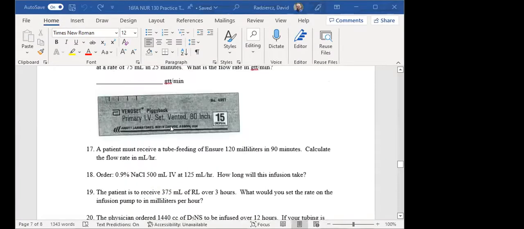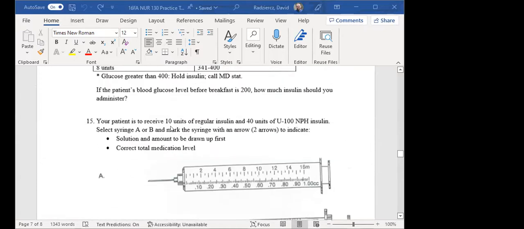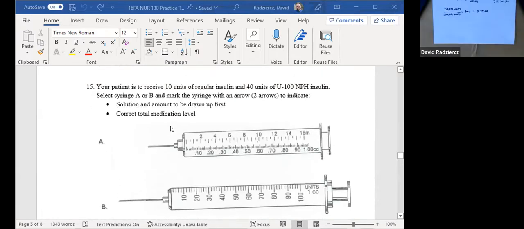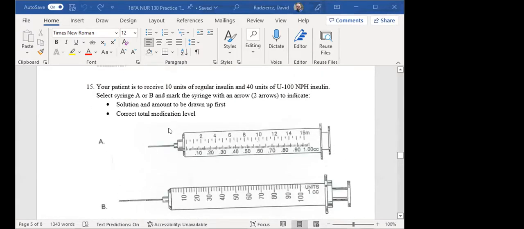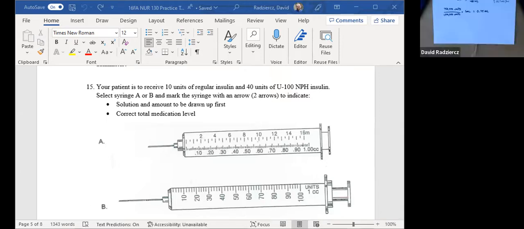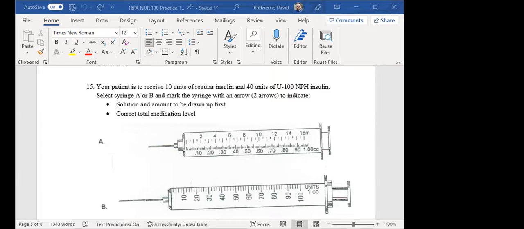I just have a couple of questions about the instructions because I find them to be a little bit confusing with them asking about the different arrows, and I just want to make sure I'm understanding it right. So I can explain what I did, if that's okay. Sure. Okay, so it says indicate the solution to be drawn up first. So if we are looking at the insulin, you always draw up regular insulin first.